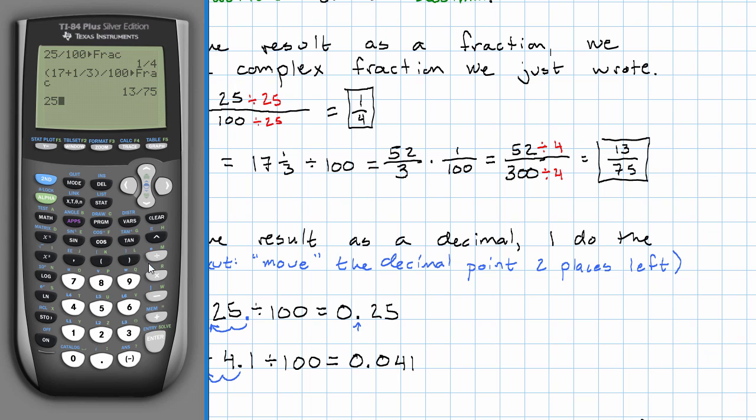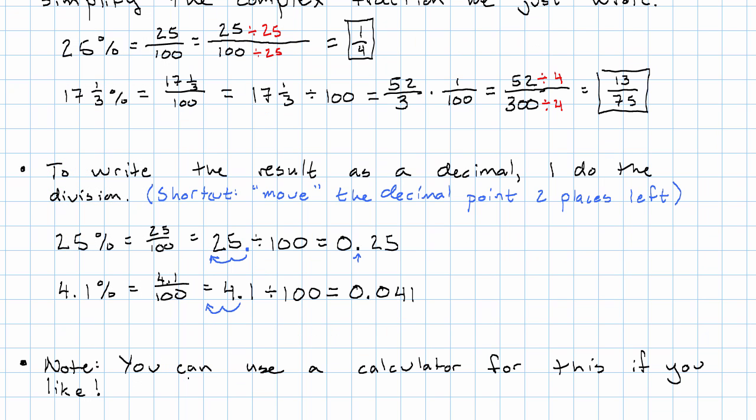Or we could take 25 hundredths and simply leave it as a decimal to get our 0.25. We could take 4.1 hundredths and simply leave it as a decimal to get our 0.041. You can use a calculator if you like to convert from a percent to a number.